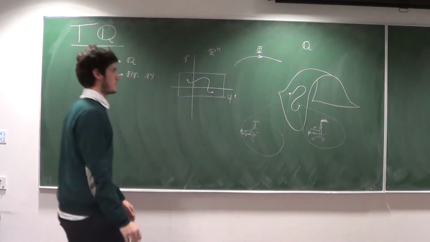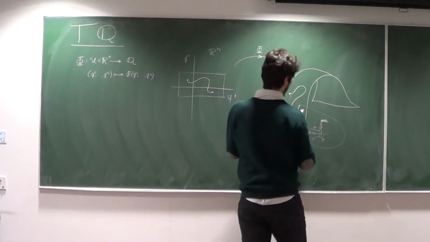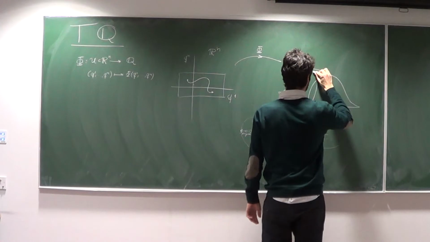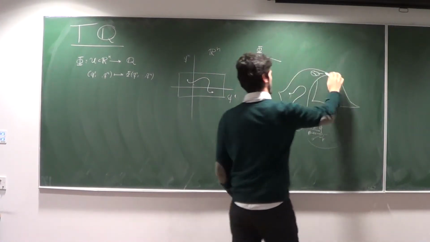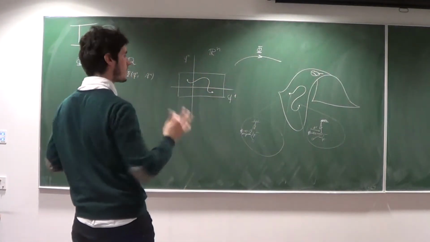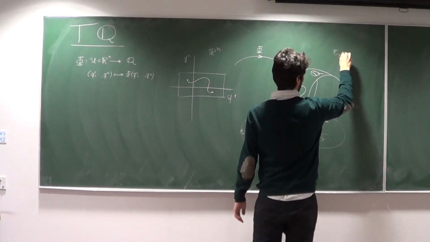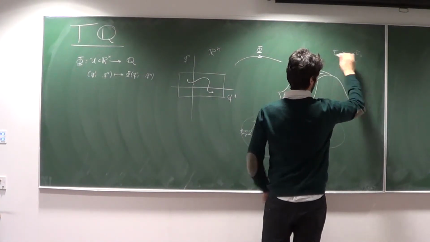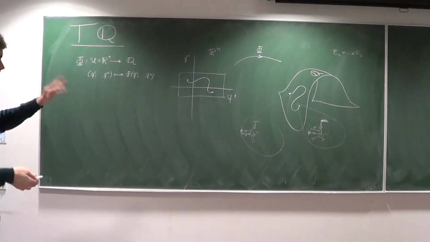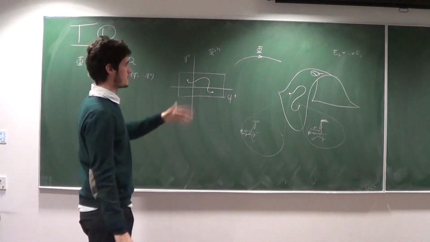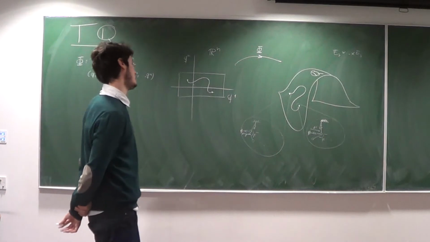That's Q. So it's important to say, Q is the surface. We don't care where it lives. It will live in a potentially very big Cartesian product of Euclidean three-dimensional space.